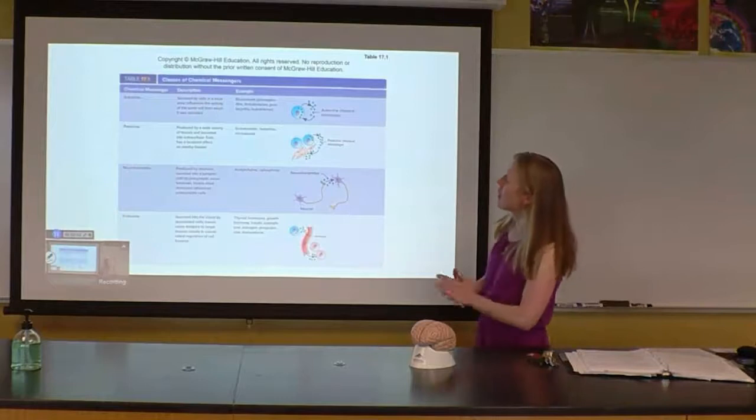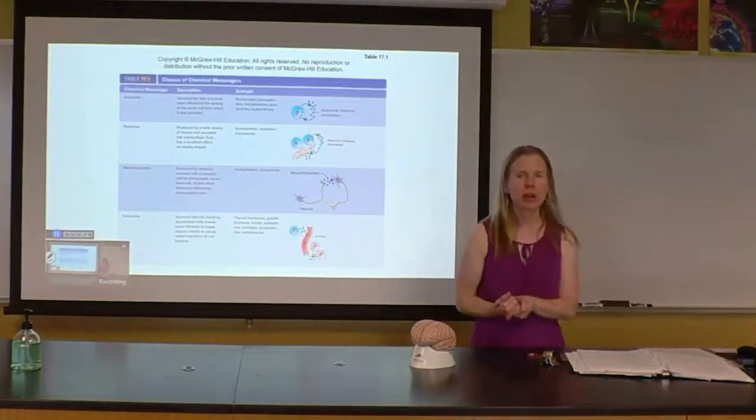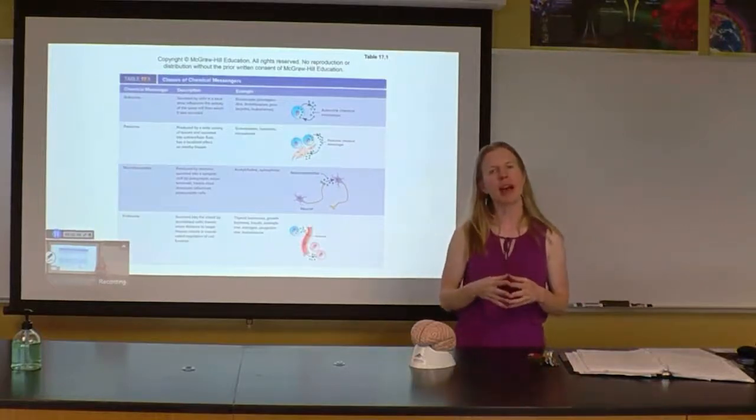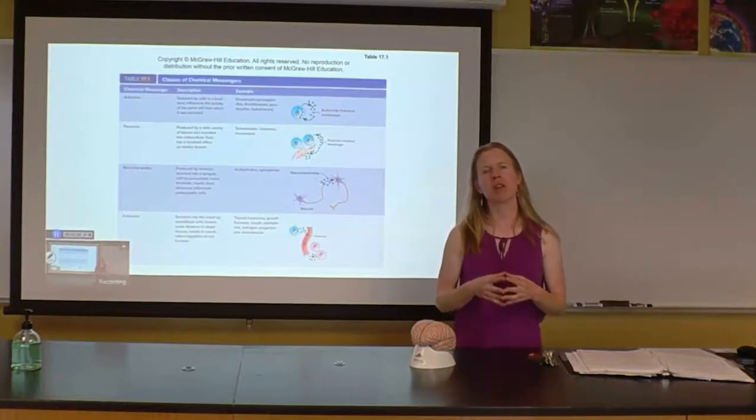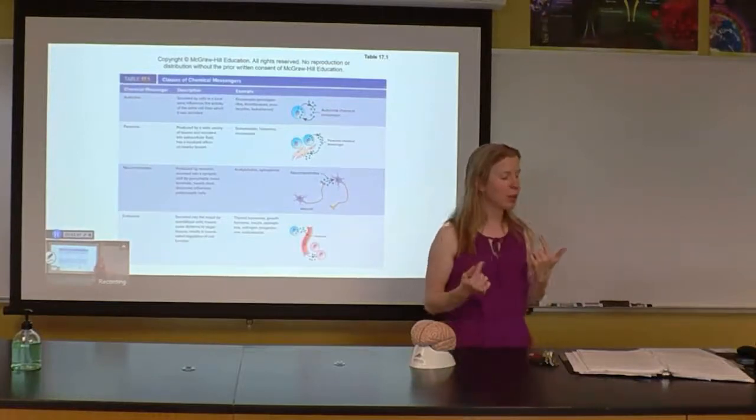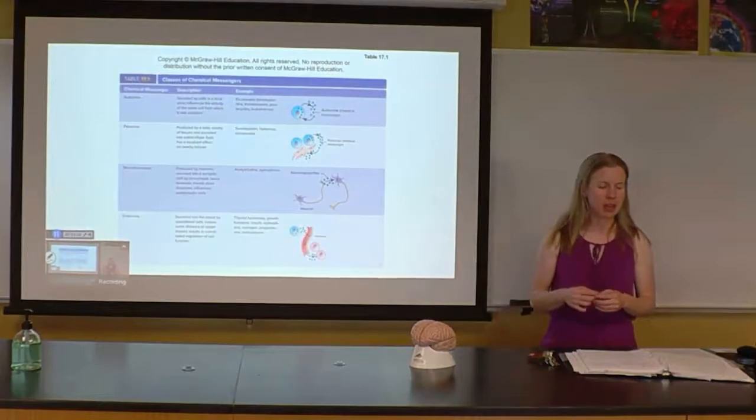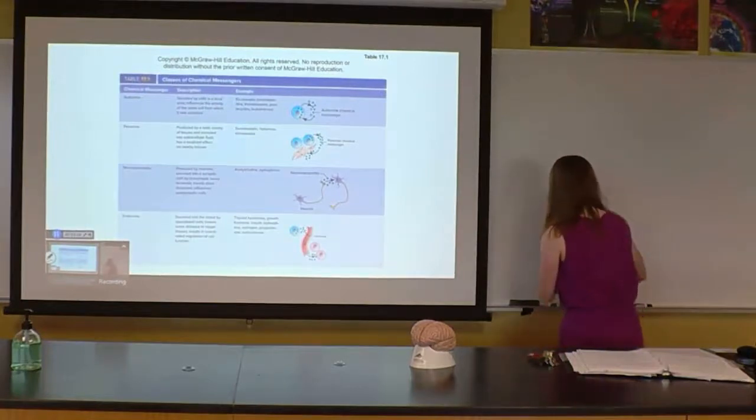So, this is table 17.1 out of your textbook, and here we're looking at the different types of cell-to-cell communication, right? Intercellular communication.